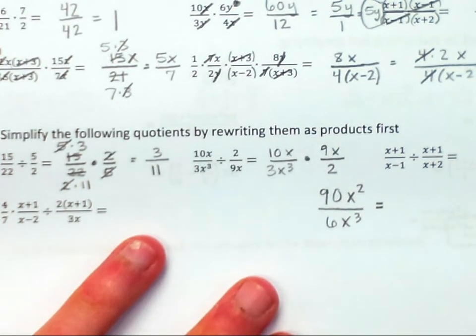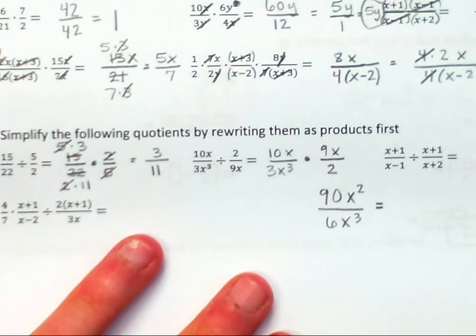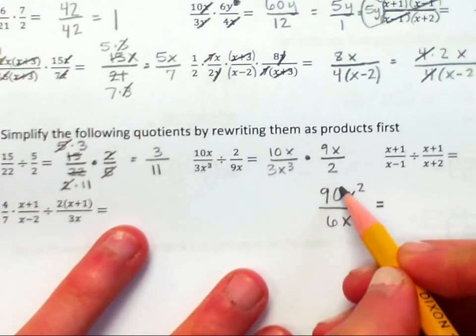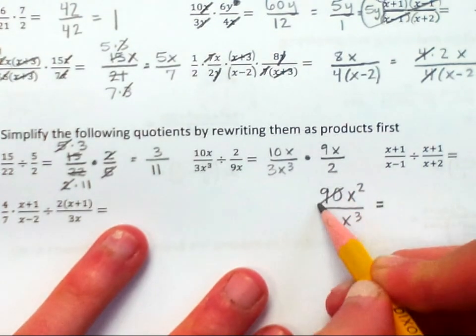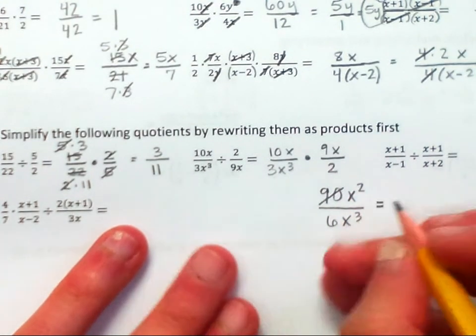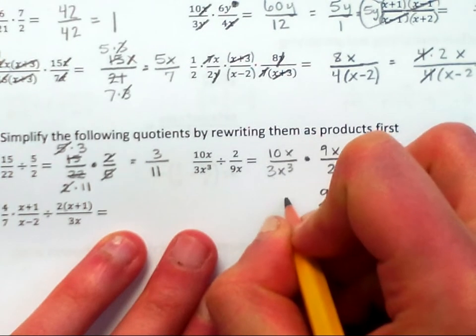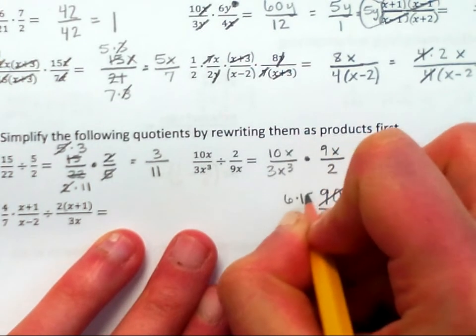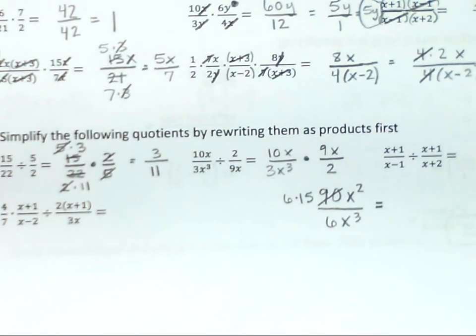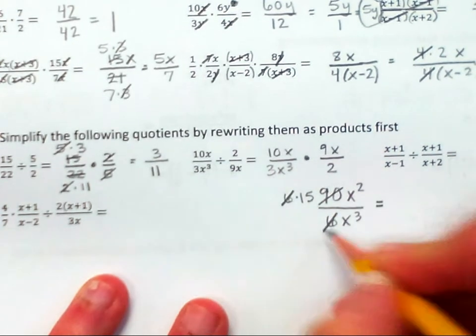which equals, let's see, how do I want to show this? Well, 90 is 6 times 15. If I expand 90, then I can cross out this 6.